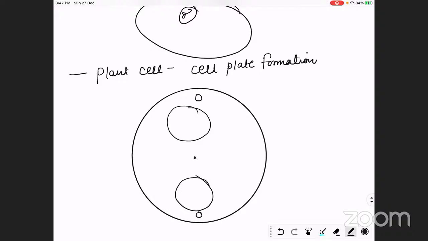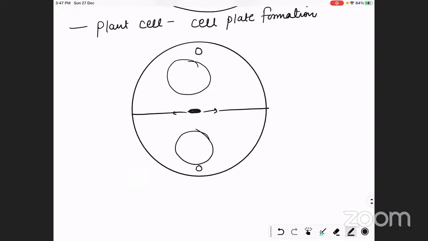Okay, the cell plate will form at the middle, and it will move centrifugally like this, and it will cut off the cell into two cells. The cell plate moves centrifugally.